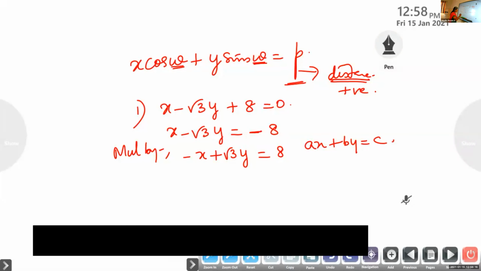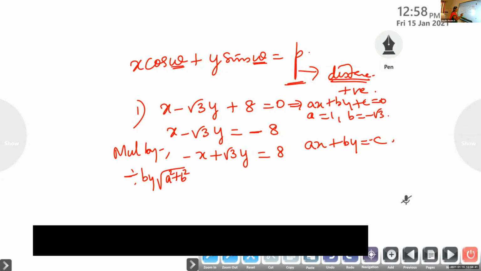Next step, you divide throughout by the square root of a square plus b square. The equation of the straight line is ax plus by plus c is 0. When you compare it with the standard form, a is 1, b is minus root 3.